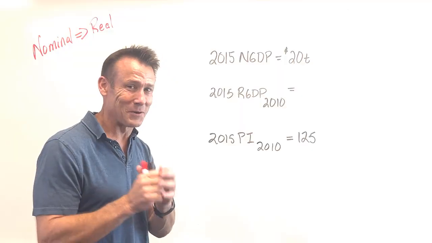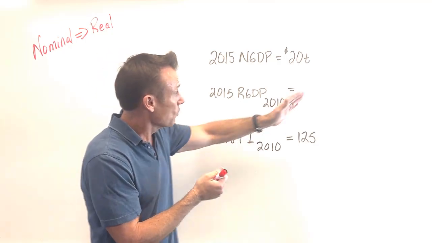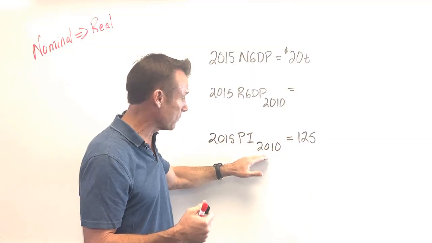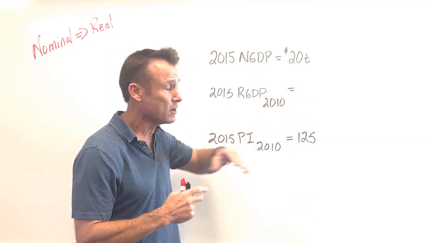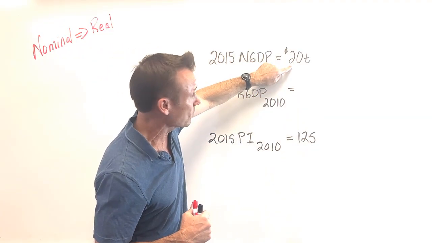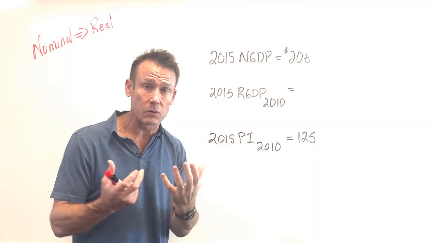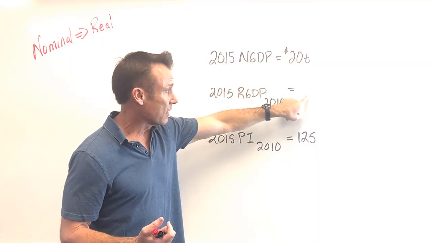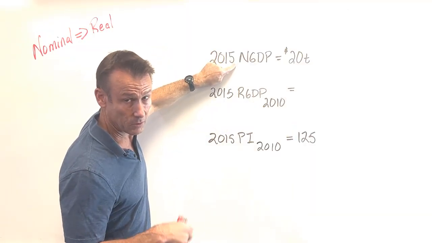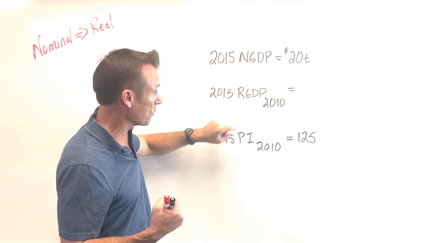With that said, hopefully you're still with me. I want students to think, when they're doing this type of conversion, what is a value that would make sense given that prices in 2015 were 125% of what they were in 2010? First of all, would we expect the dollar amount we get here to be greater or less than this? Of course, we'd expect it to be less. That would be the first thing I'd want a student to realize: the dollar value should be less. Why? Because we've got output here with 2015 prices on it, and prices in 2015 were higher than in 2010.